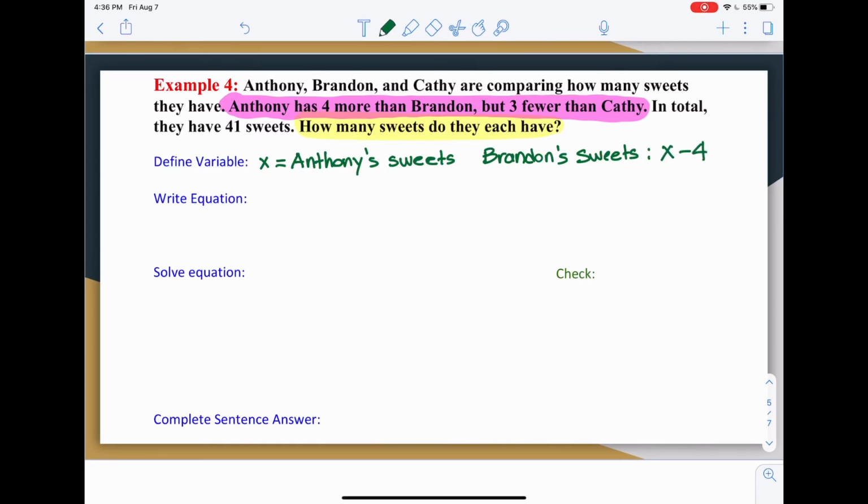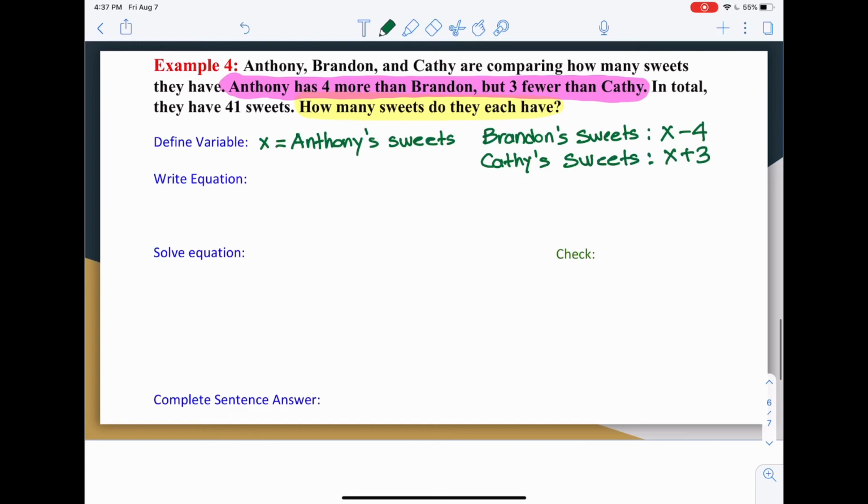And then Kathy's will be x plus 3. Okay. Now it's time to write the equation.